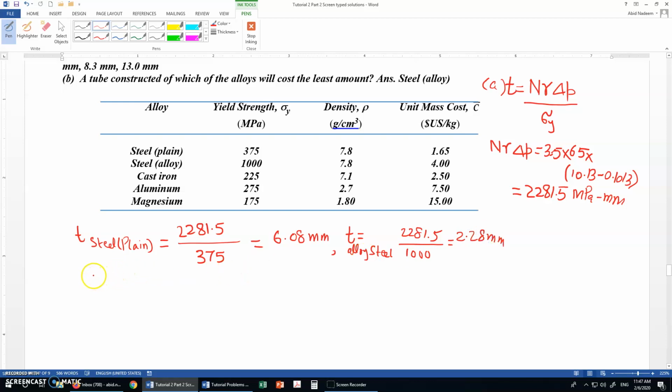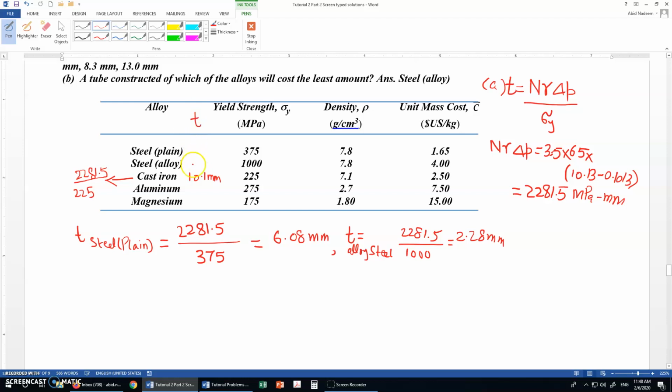And similarly, the thickness for cast iron, by the same formula, will be 2281.5 divided by 225. Its yield strength is much lower, so its thickness should be much higher: 10.1 millimeter.